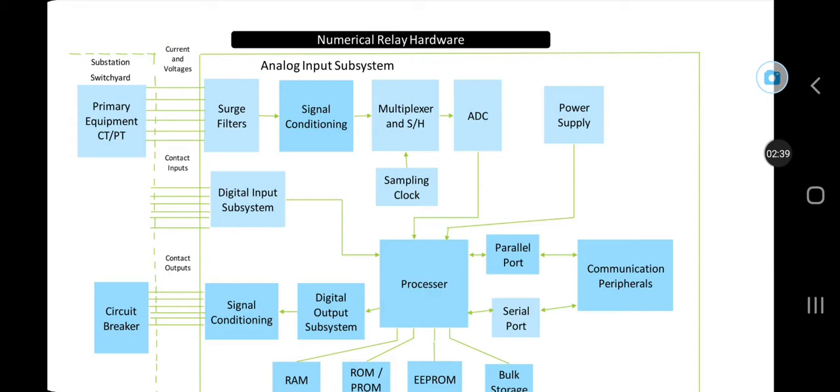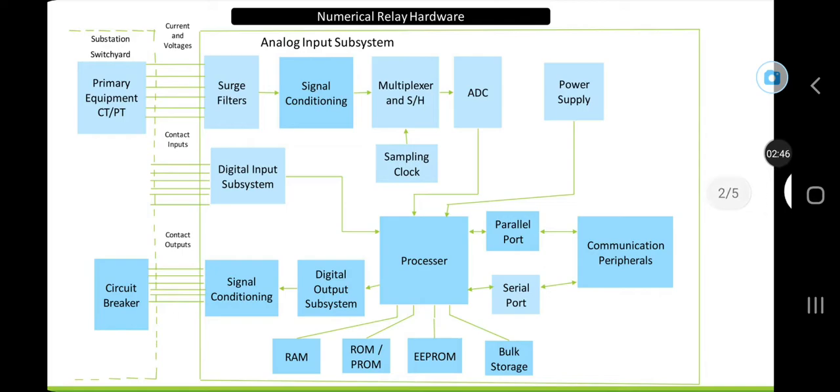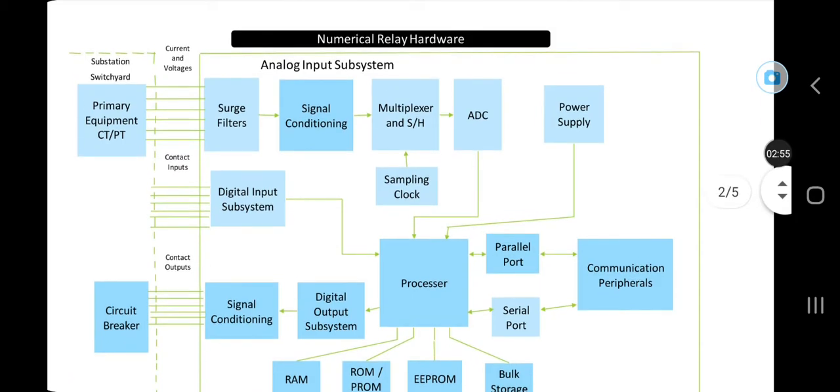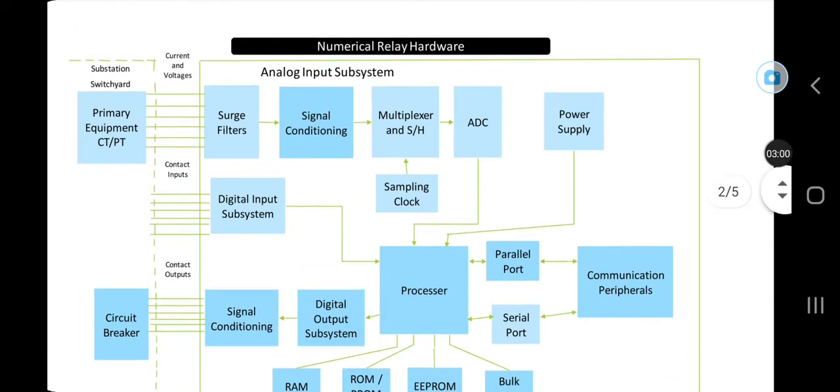Moreover, surge filters are required for protection of low voltage digital components. So, signal conditioning is required to adjust and match voltage levels to the input range of an analog to digital converter. An analog low pass filter is also required to block the higher unwanted frequency components to avoid aliasing.